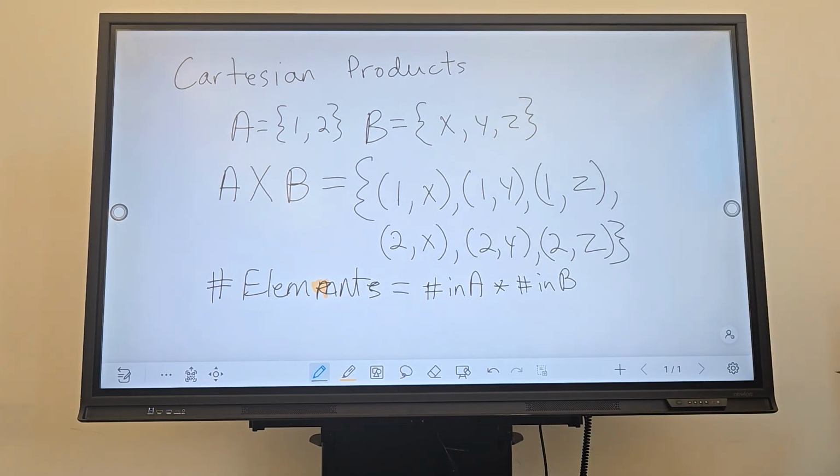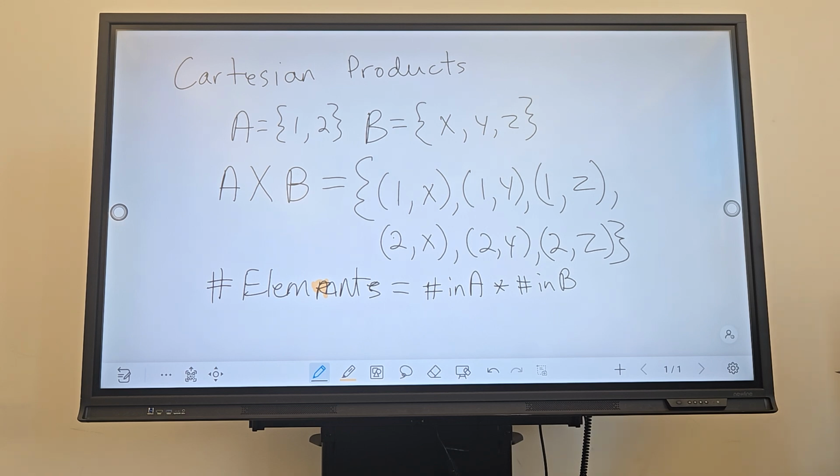It's kind of similar to an array in C++, where the order of the elements does matter, just with different notation. That's about it for the Cartesian products. That's the basics of them.